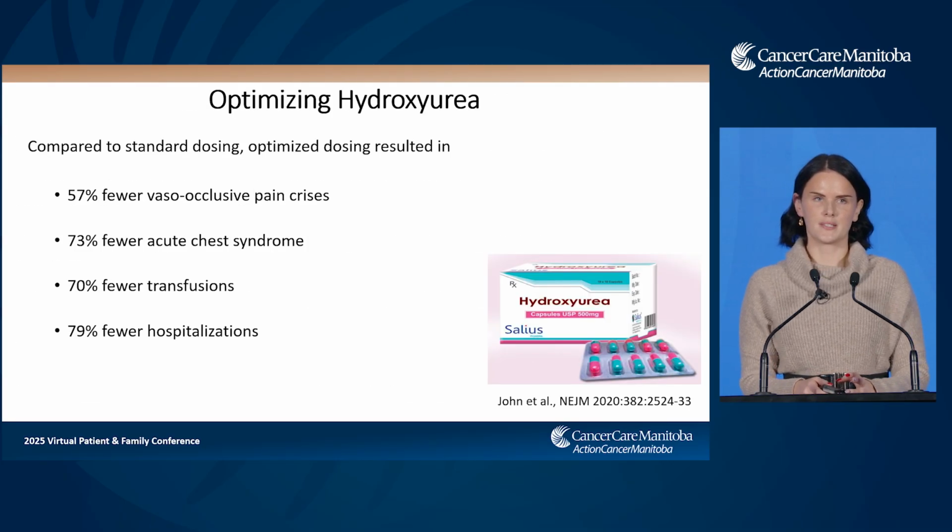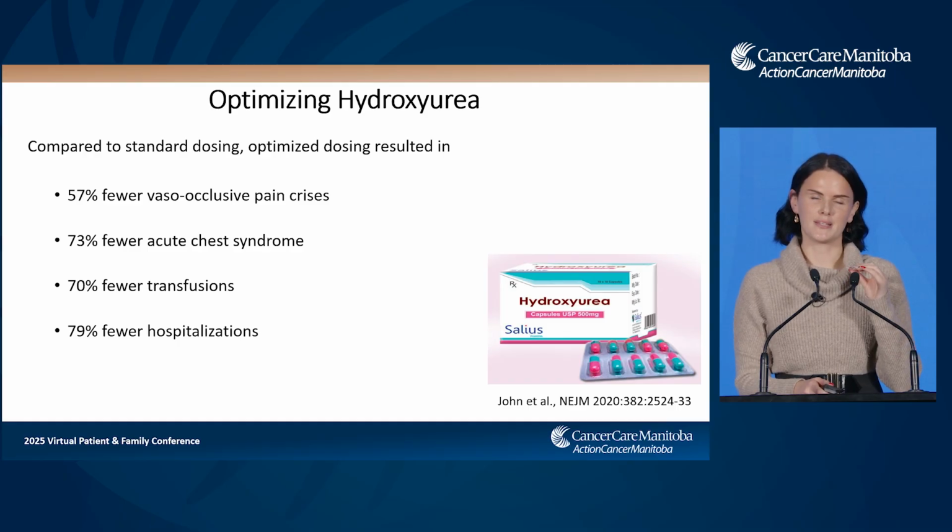Now, this is a study that looked at whether or not increasing the dose as much as you can of the hydroxyurea resulted in better outcomes. What I mean by that is that they pushed the dose up until the point that the platelets and white blood cells were on the lower end of normal.